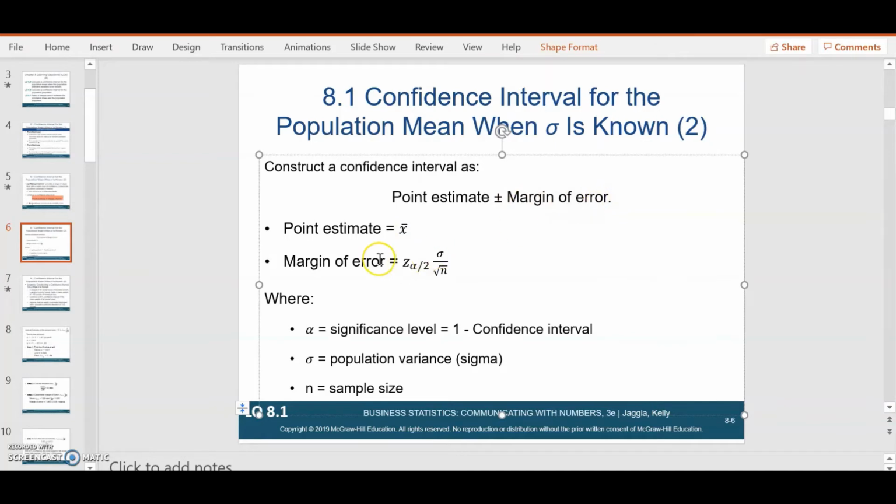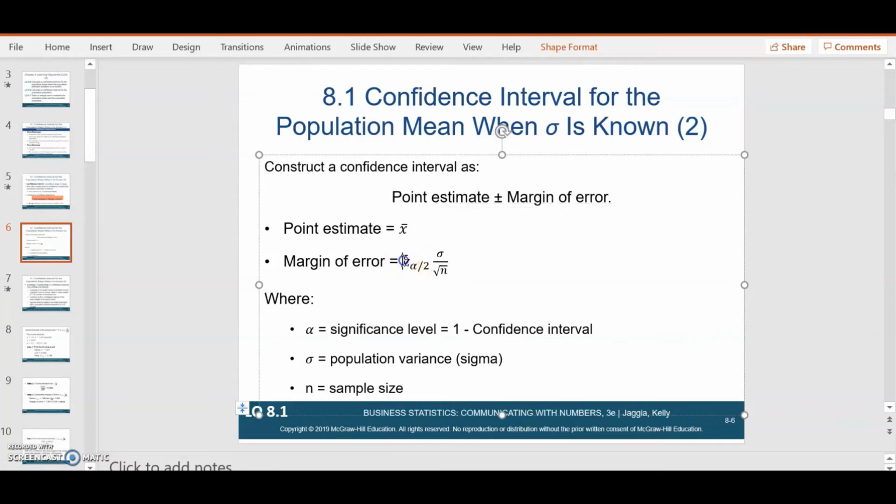The margin of error is comprised of two subcomponents, as I mentioned before during our previous synchronized session. The first subcomponent is the z value based on a certain significance level, while the second component is the standard error of the estimation.